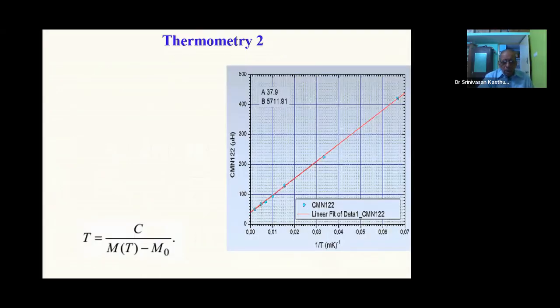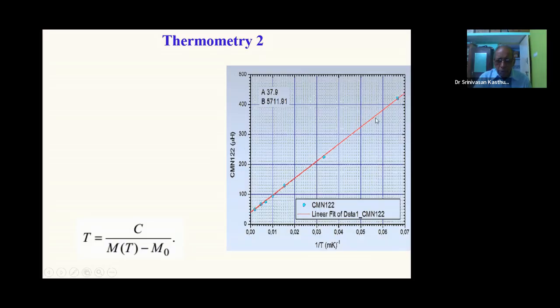Okay. If you look at, for example, the cesium magnesium nitrate material, you can measure the susceptibility of this material at different temperatures and make a plot. For CMN, the susceptibility can be plotted as a function of temperature, or rather 1 over temperature is what is plotted here.